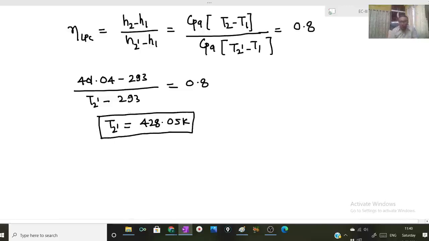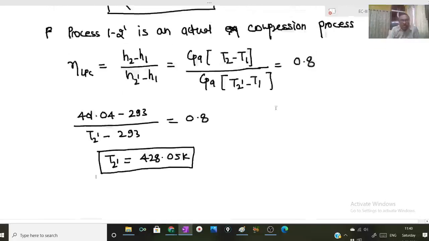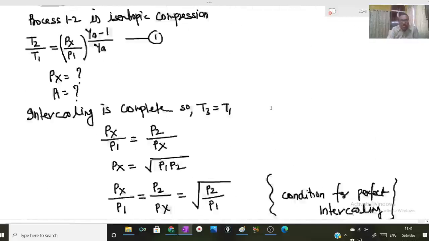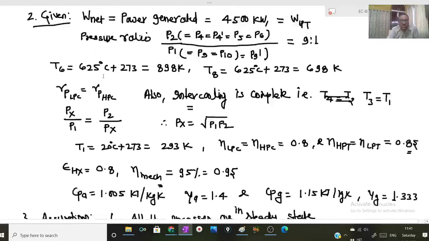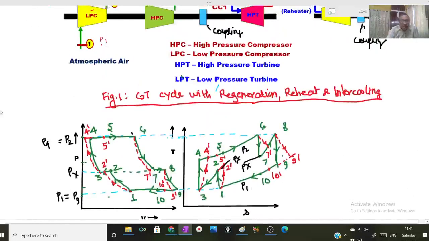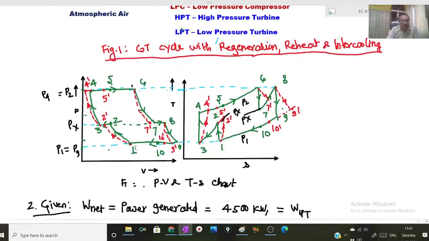Correct? So what did I get actually? I have the value of T1, I could get T2 and T2 dash. In the similar fashion, I can get the value of T4 and T4 dash.